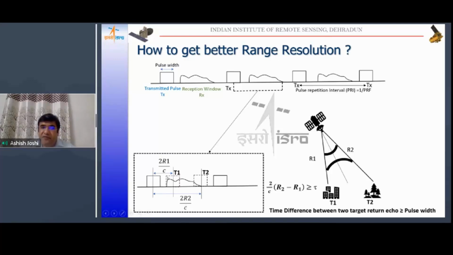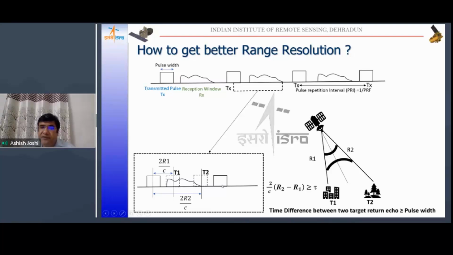So this is for the first target and this is for the second target. These two targets will be differentiated by the SAR when this time difference is greater than the pulse width, or we can say the pulse width should be lesser than this time interval.